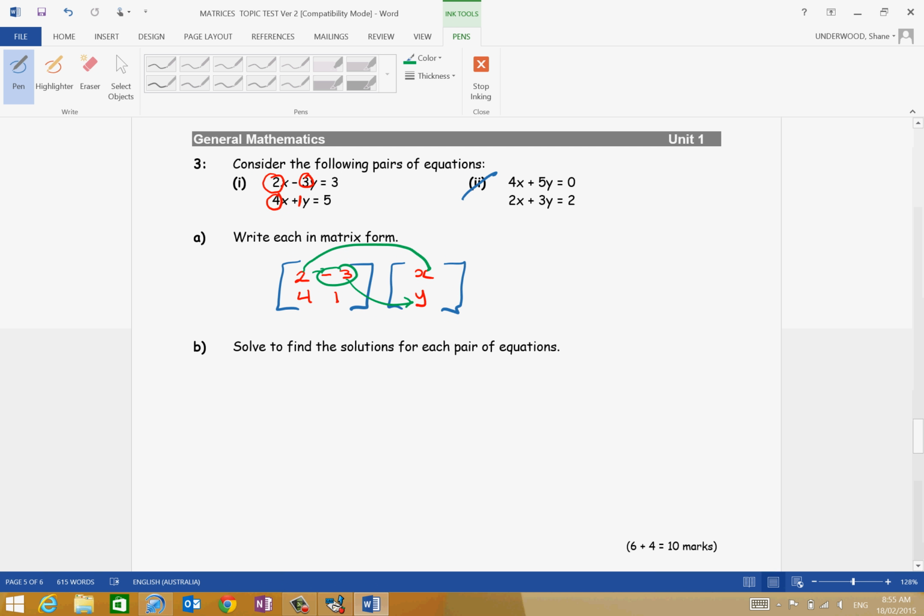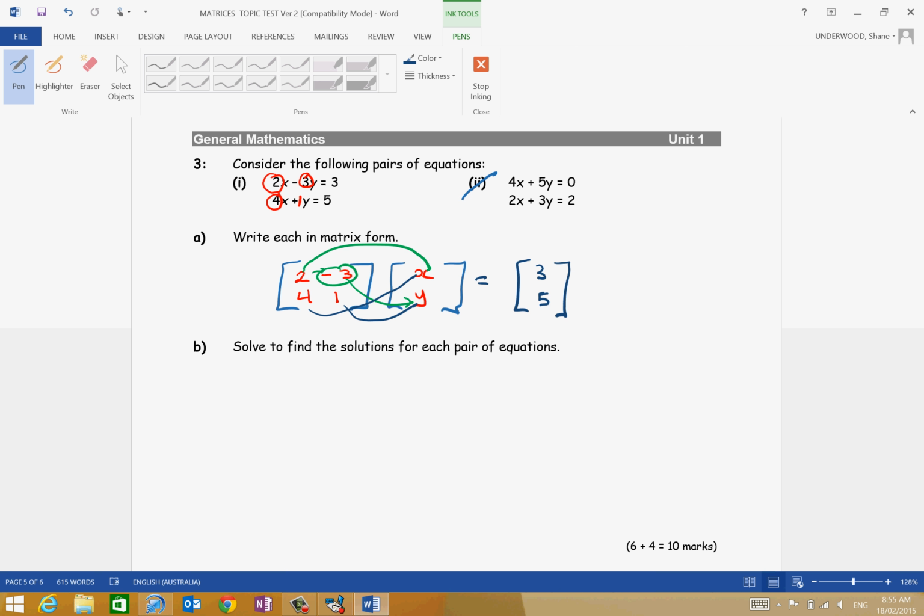So 2 times x plus negative 3 times y is equal to 3, which means that on the right-hand side of your equation we have to have 3. Same thing, 4x plus y is equal to 5. So it does help to know how matrices multiply, because you'll get some questions which directly require that knowledge.